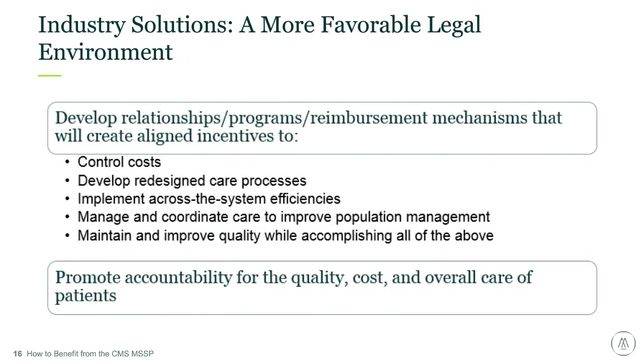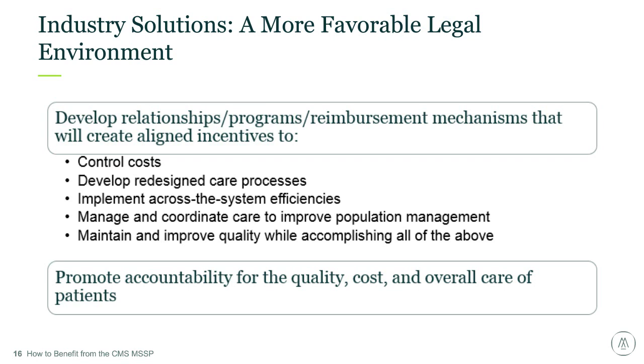So what the CMS MSSP and its extension of those waivers allow for is really a more favorable legal environment. It helps you reduce those restrictions that we have dealt with for so long in our industry and really helps us move forward when we're looking at, I've got a network of physicians, I've got our hospitals, our skilled nursing facility, all of those components of the care continuum, and now we can work together to control cost, redesign care processes, and implement efficiency across the system.